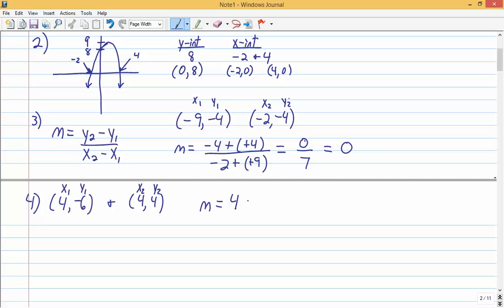Y sub 2 minus y sub 1 over x sub 2 minus x sub 1. Alright, so it's going to be 10 divided by 0. You cannot divide by 0. Try that in your calculator, it gives you an error. So that's undefined.